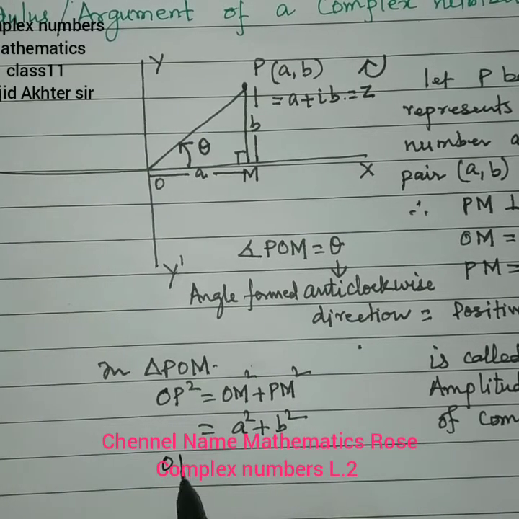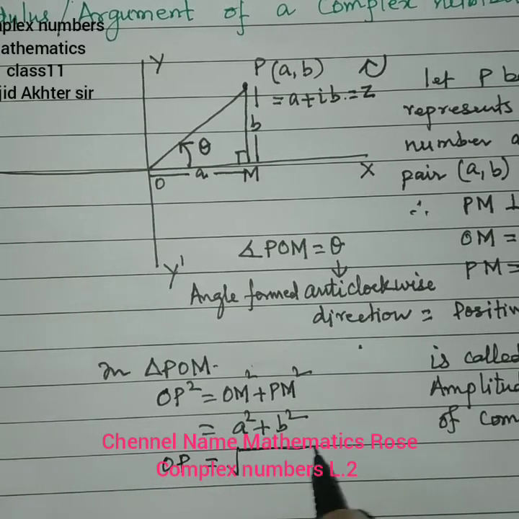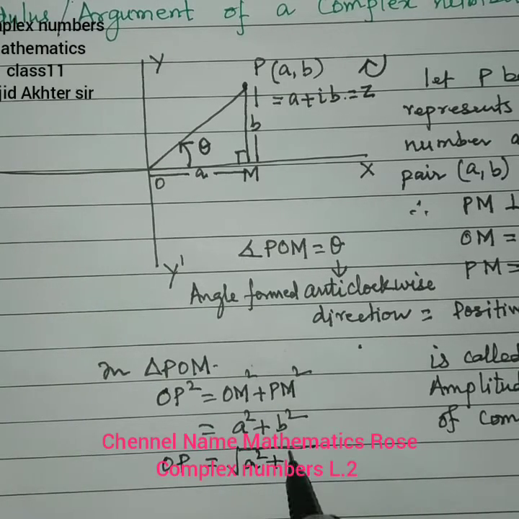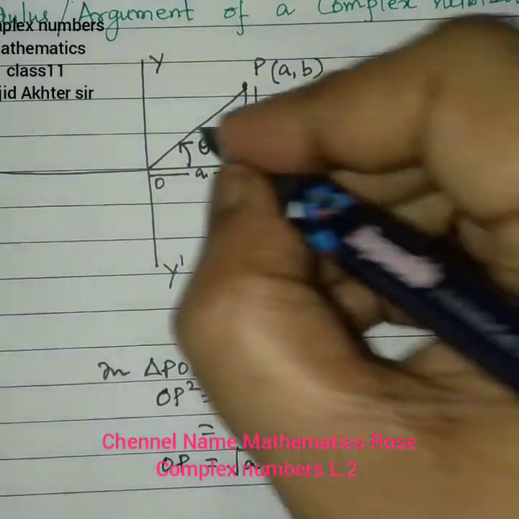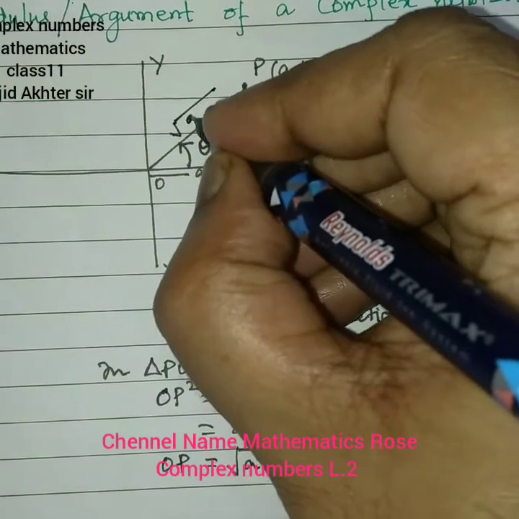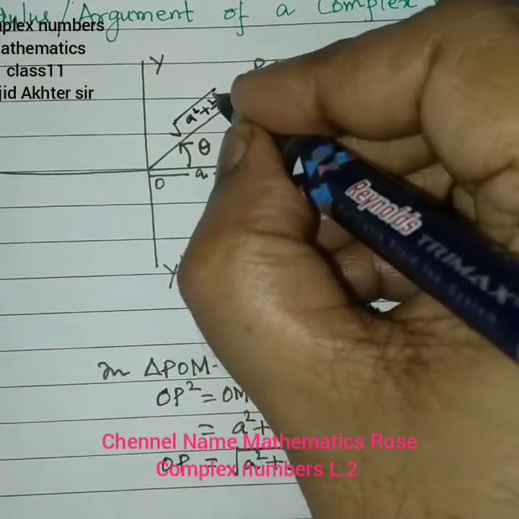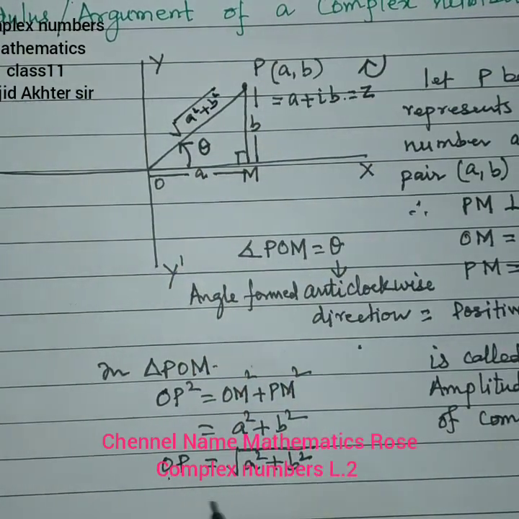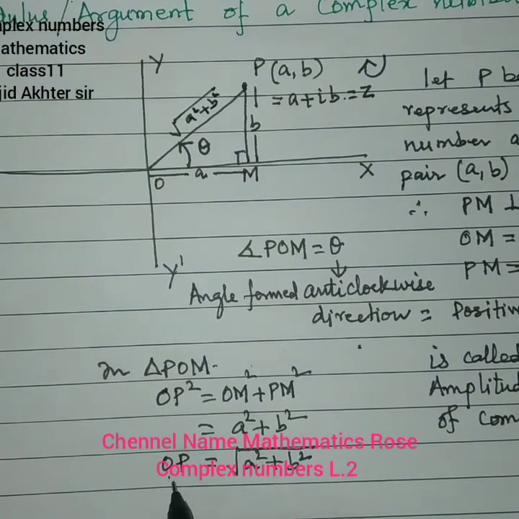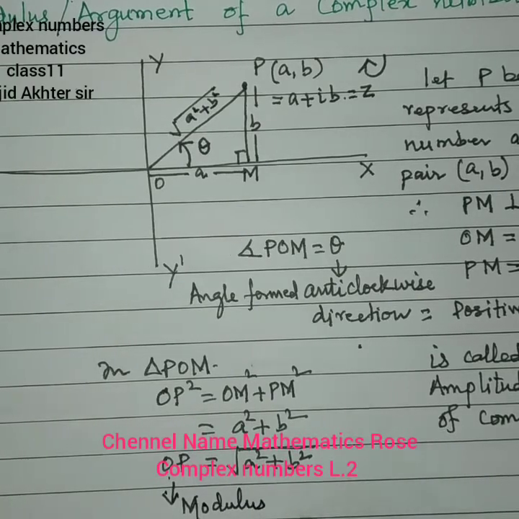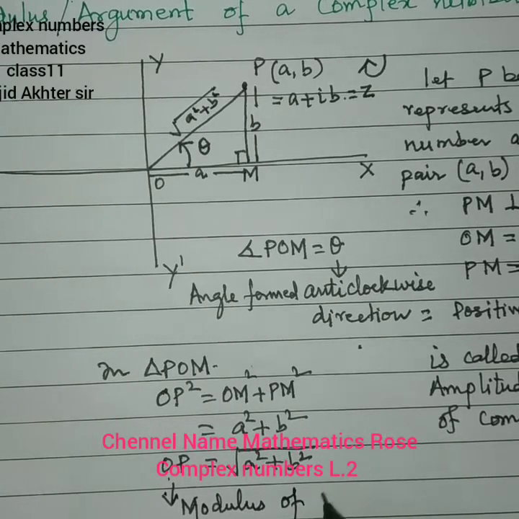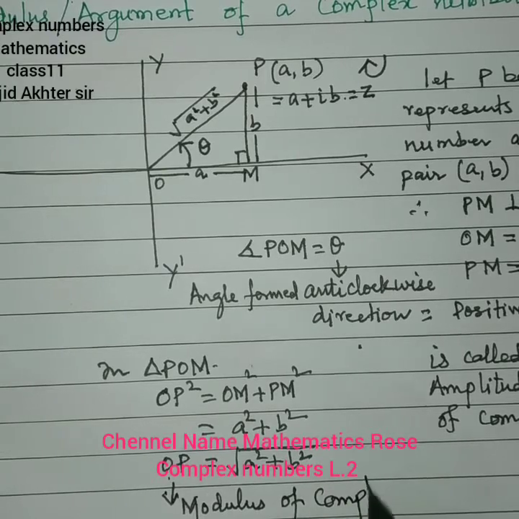So OP is equal to root under A square plus B square. So यहाँ पे ये जो हो गया root under A square plus B square हो जा रहा है. तो OP is called the modulus of the complex number. Here it is the modulus of the complex number.